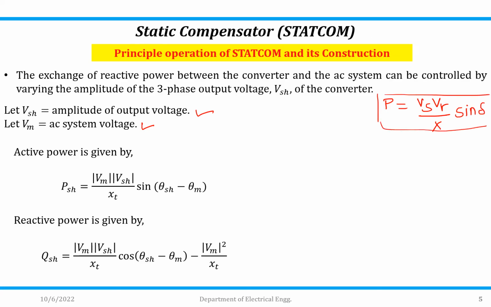So active power is given by Psh equal to Vm into Vsh upon Xt, where Xt is the reactance, times sine of theta sh minus theta m. Similarly, we can write an expression for the reactive power: Qsh equals Vm Vsh upon Xt cos of theta sh minus theta m, minus Vm square upon Xt.